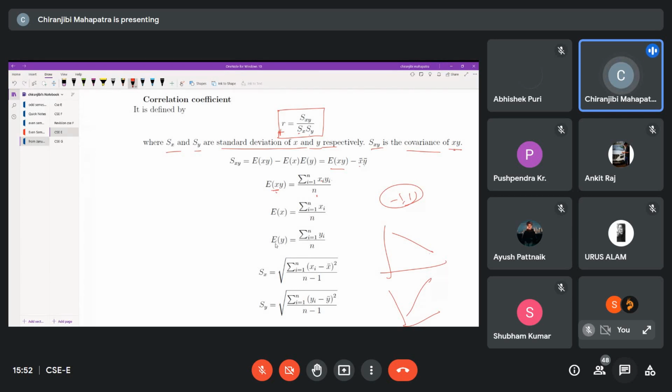Most of the time the question arises, if correlation is there, then what is the need of regression analysis? Regression coefficient. So there you can see that the correlation coefficient gives you a single value which gives you the information about whether there is a positive or negative correlation.